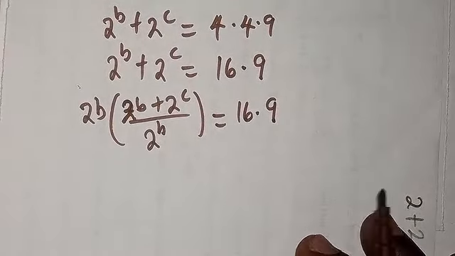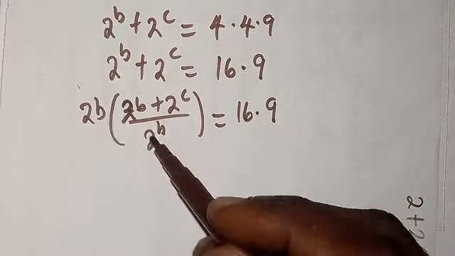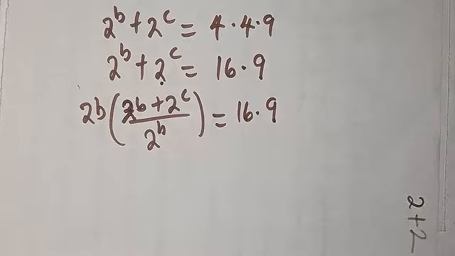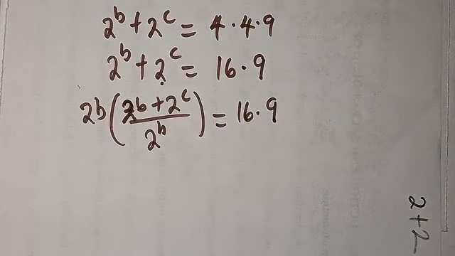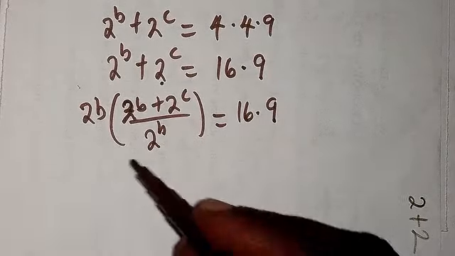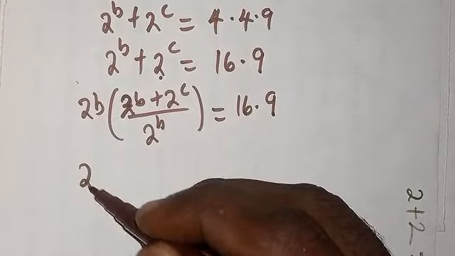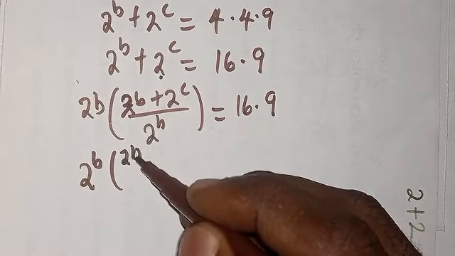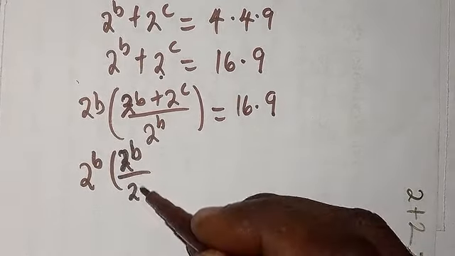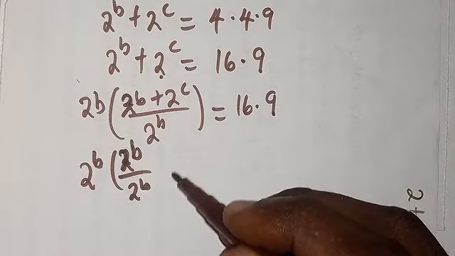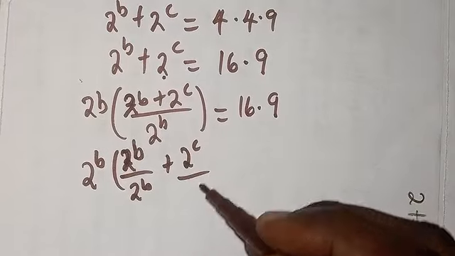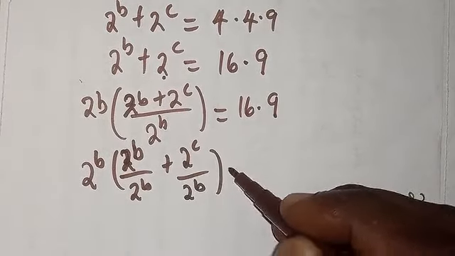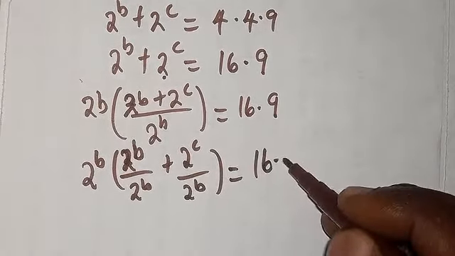So now from there, actually what we did, this can cancel this, and we are going to have everything back here. So now from there, we are going to have 2 to the power b into bracket 2^b divided by 2^b, plus 2^c divided by 2^b equals 16 multiplied by 9.